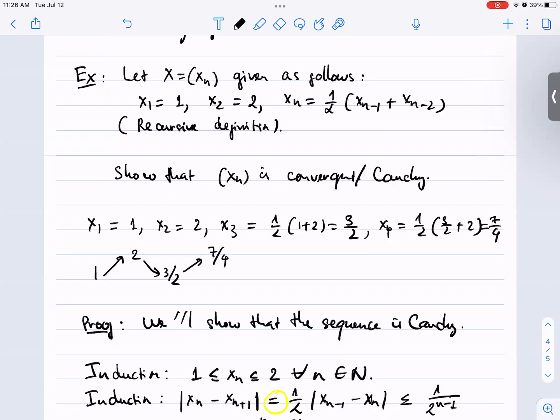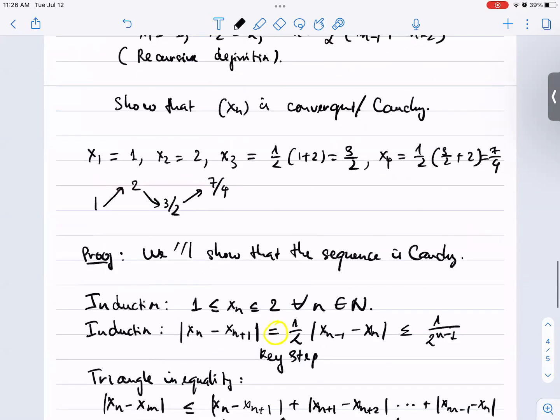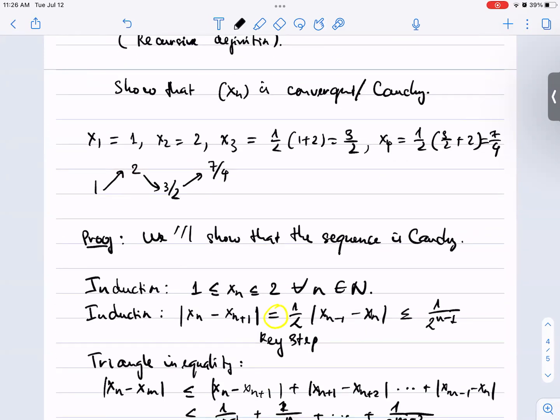However, by a very simple calculation, you see that x_1 equals 1, x_2 equals 2, x_3 is equal to 1/2 of (1 plus 2), which equals 3/2, and x_4 is equal to 1/2 of (3/2 plus 2), which equals 7/4. So it increases from 1 to 2, but then decreases to 3/2, and then increases to 7/4.